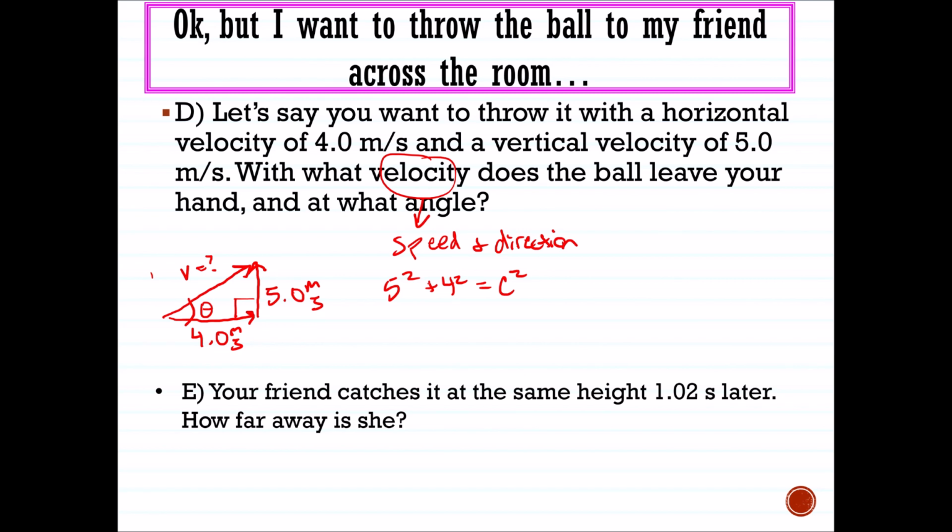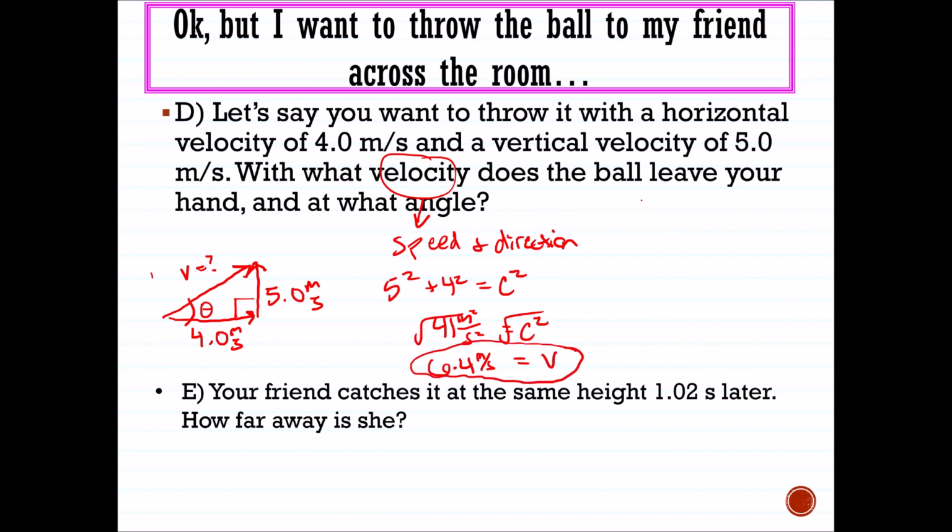That's a squared plus b squared equals c squared. 25 plus 16 gives me 41. I'm going to have meters squared per second squared equal to c squared. If I take the square root of both now, I end up with 6.4 meters per second equal to c, which is our launch velocity.